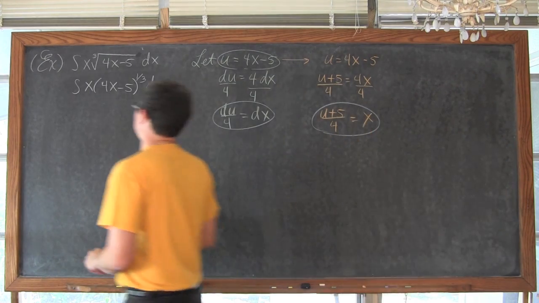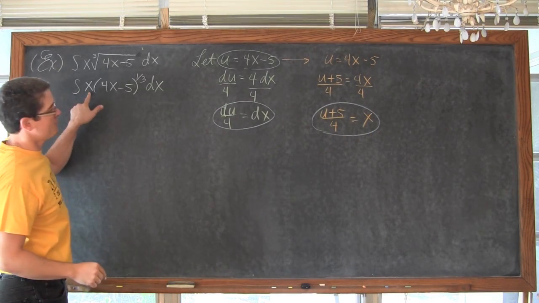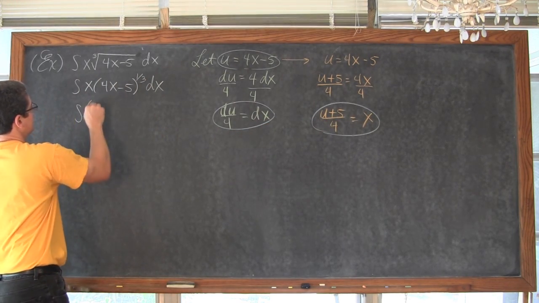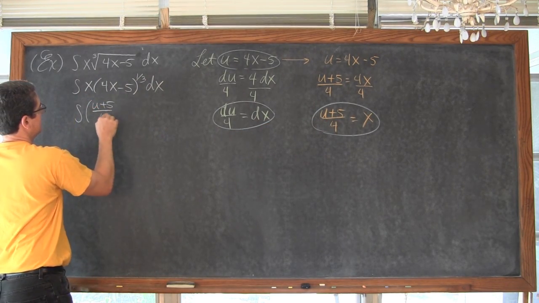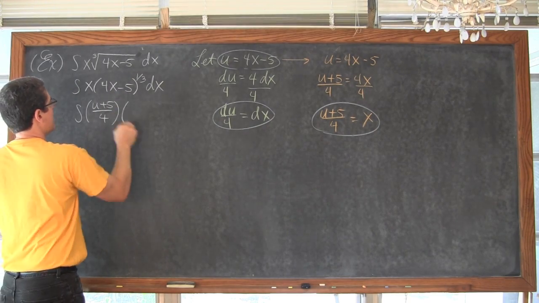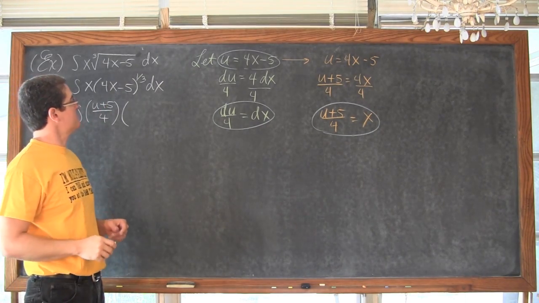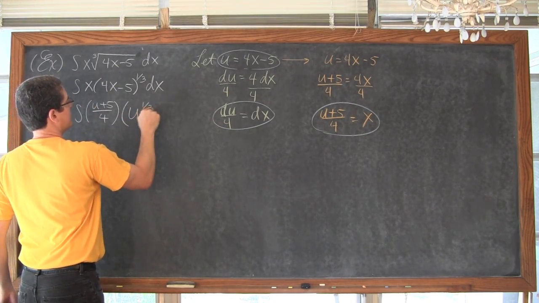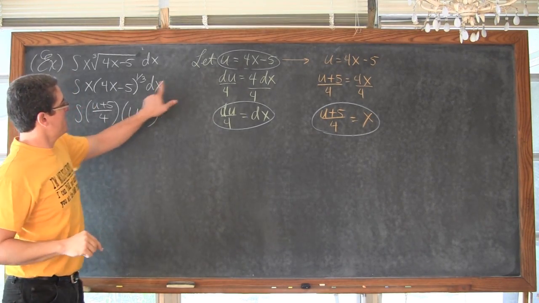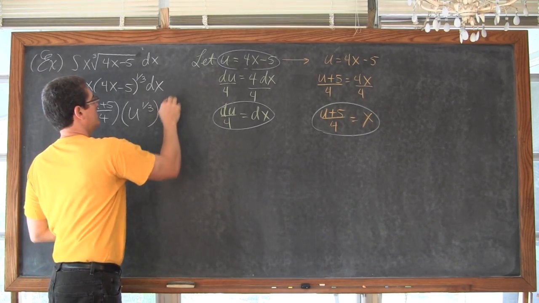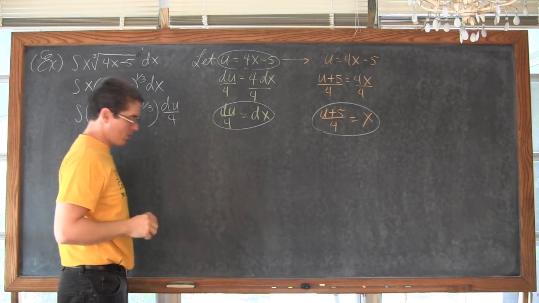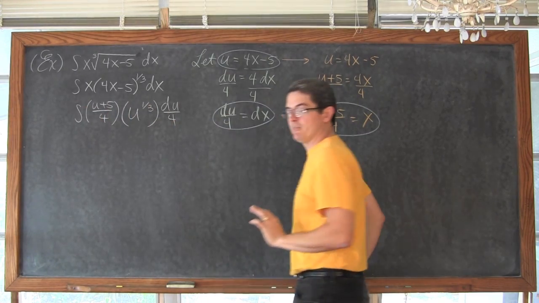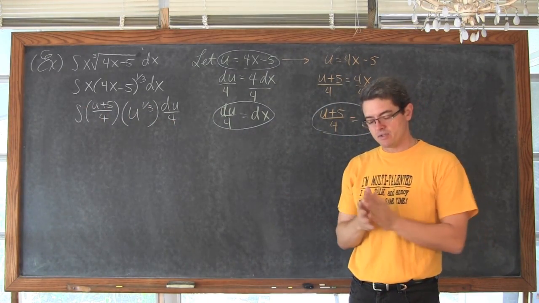So we have the integral of x, well, the (u plus 5) over 4 is going to go in there, times 4x minus 5, 4x minus 5 is u, to the 1/3 power, and then dx is going to be equal to du over 4.